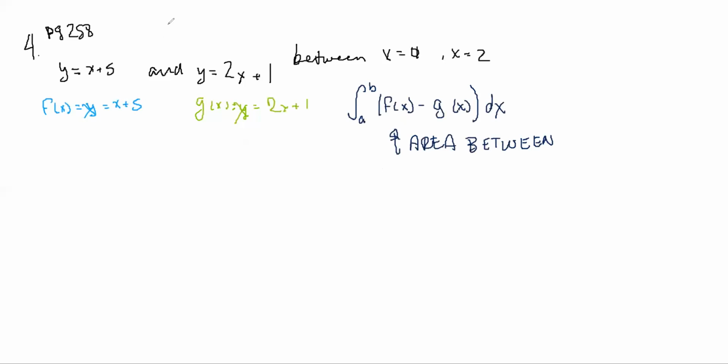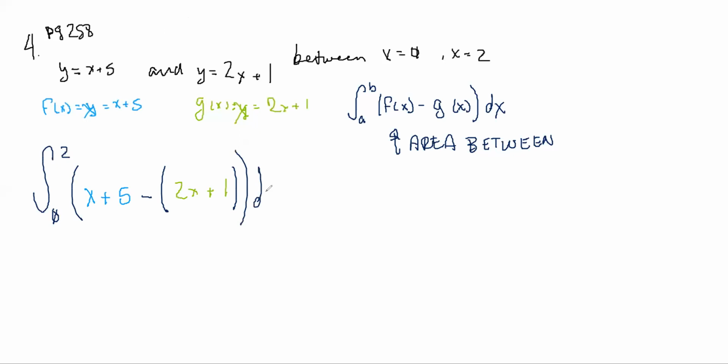So I'm going to say from 0 to 2, x plus 5 minus 2x plus 1, dx.